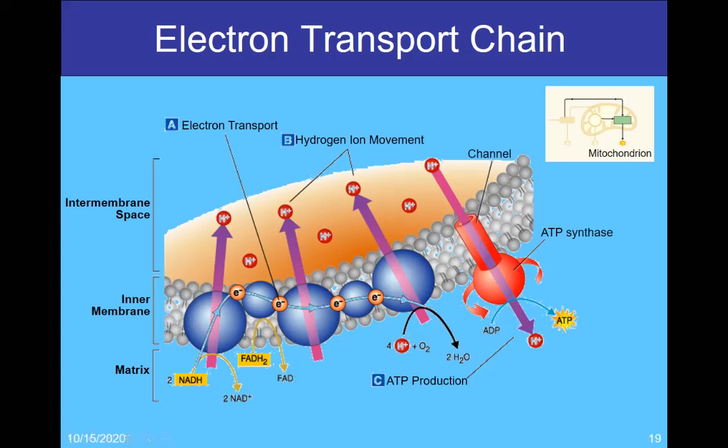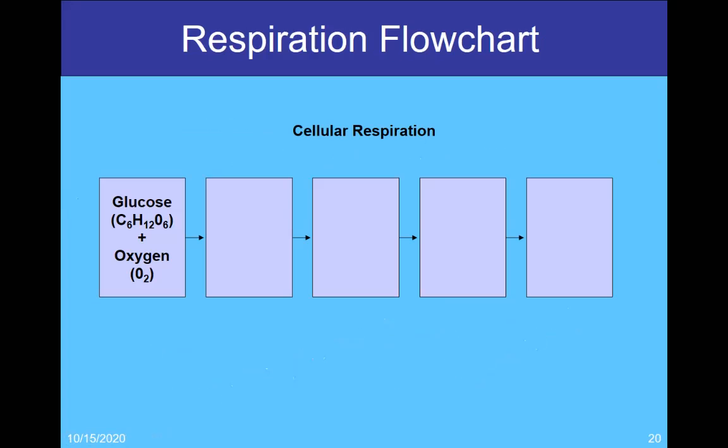All right, so we've now gone over all of the stages of cellular respiration. Let's see if we can remember them. We begin the process with glucose and oxygen. The first stage of cellular respiration is what? If you said glycolysis, you're right.